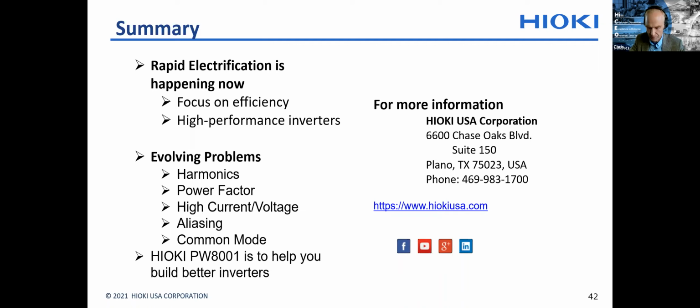We see 1500 volt systems, and 2000 volt systems are coming up in the not so far future. Aliasing, like you said in the introduction, is something that I think 60% of you have experienced already, which can give grossly wrong results, like Barry showed in one of his customer interactions. And common mode, which makes the current measurement susceptible to noise. You have high switching voltage, high currents, you have a lot of noise there.